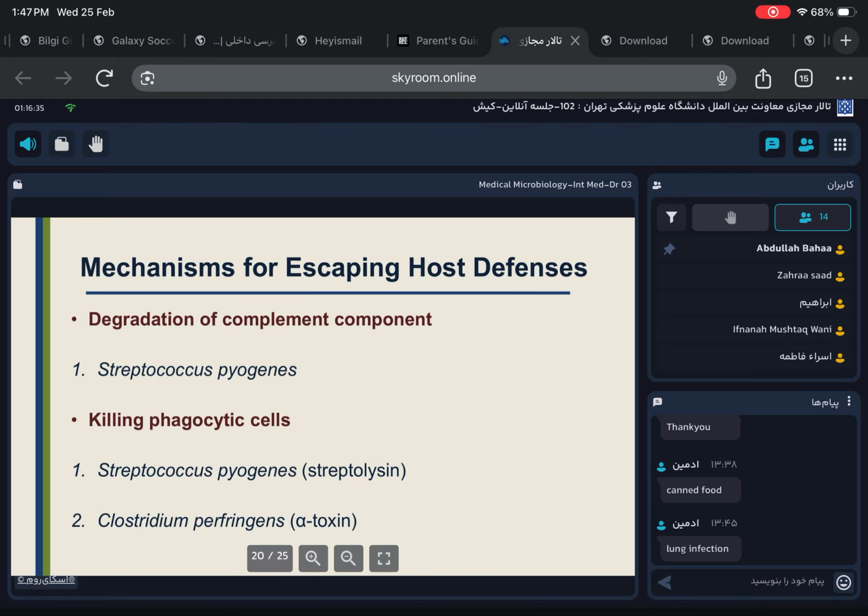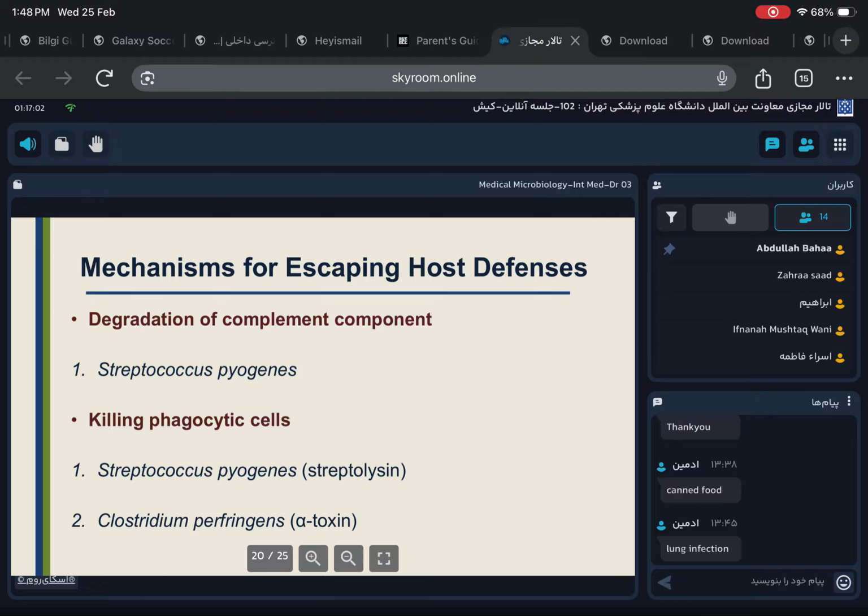This bacterium has intracellular growth. Again we have Streptococcus pyogenes. This bacterium produces an enzyme which is able to degrade or destroy the complement system. I told you that the complement system is part of the immune system which is able to destroy bacteria, but Streptococcus pyogenes is able to degrade it.